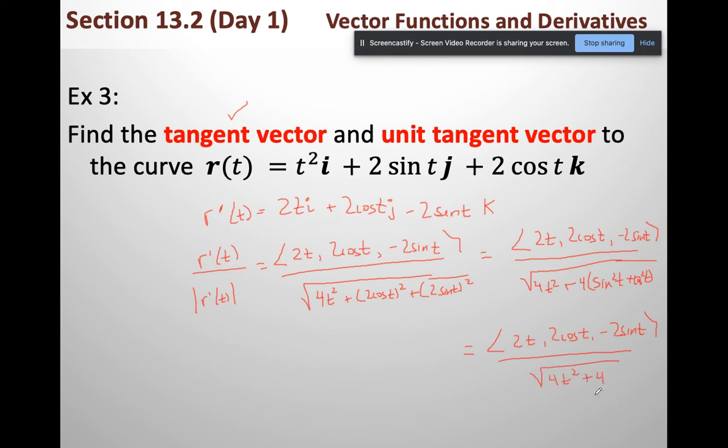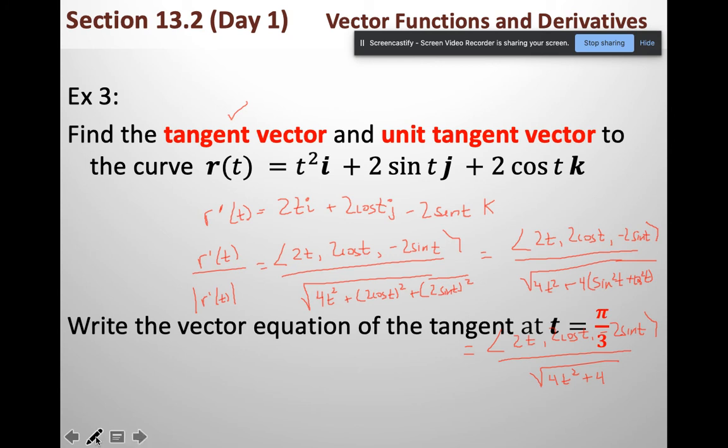Don't break my heart and tell me that's 2t plus t, right? I mean 2t plus 4. I mean 2t plus 2, right? You wouldn't break my heart and say any of those things, right? There's nothing to be done there. I mean, I guess I could factor out the 4 and make them a 2 there, right? And I could probably factor the 2 out of there and cancel some stuff and make it a little bit simpler. But I'm okay.